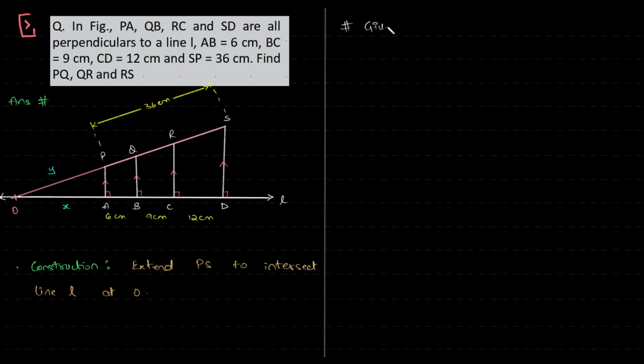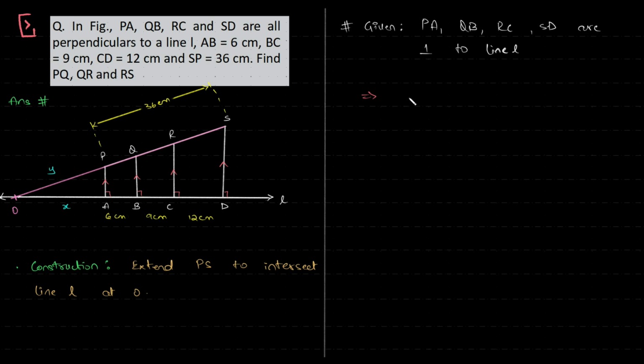Okay, then what else? Given, we have been given quite a few things. PA, QB, RC, ST are perpendicular to line L. So from this, what can we infer?